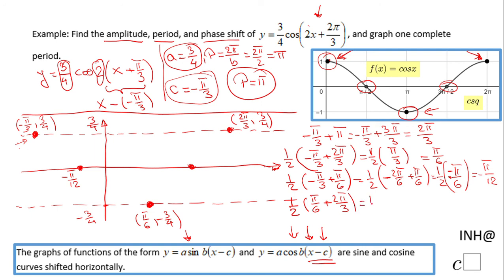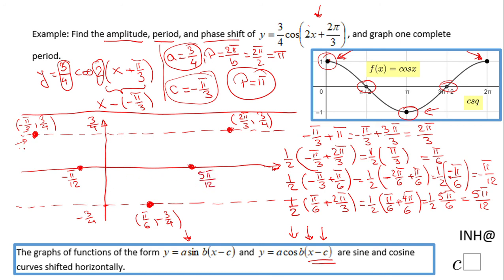So we have 1/2 times pi over 6 plus 4 pi over 6, and that means 1/2 times 5 pi over 6, and the final answer here will be 5 pi over 12. This point here is an x-intercept at 5 pi over 12.